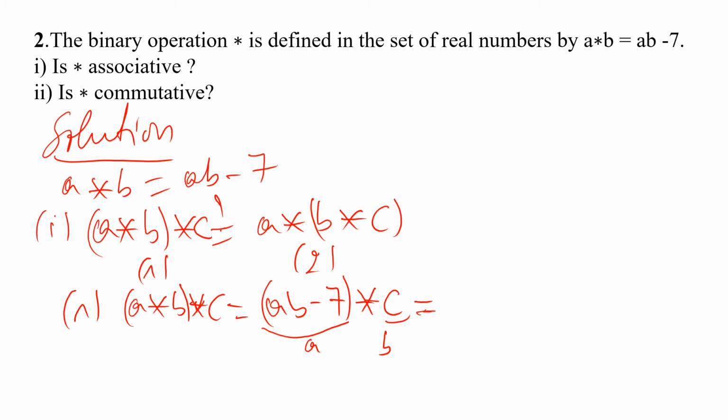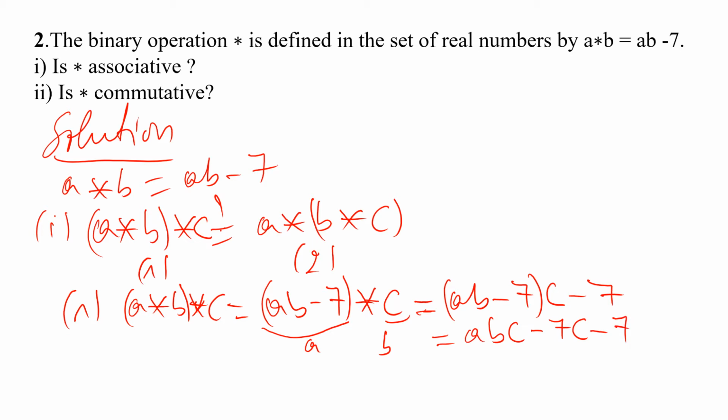Now how ab, it is like ab minus 7, it is a, ab, now it is c minus 7 equals abc minus 7c minus 7.